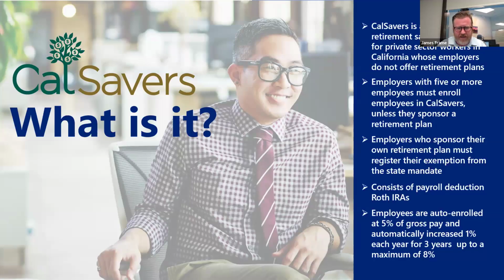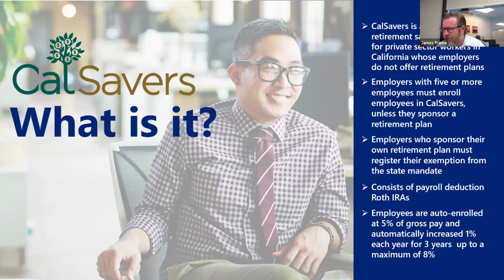So point number 5, and this is going to be the fun one. You are auto-enrolled at 5%, and it is increased up to 8%. Again, this is kind of where my expertise comes in just a little bit. For most earners, that's not enough. The rule of thumb is you want to be putting away about 10% into retirement at least.